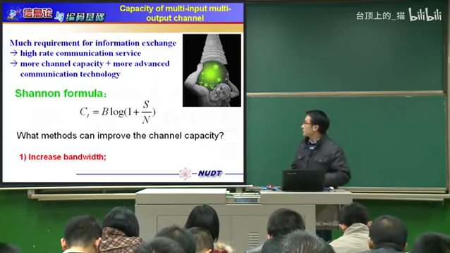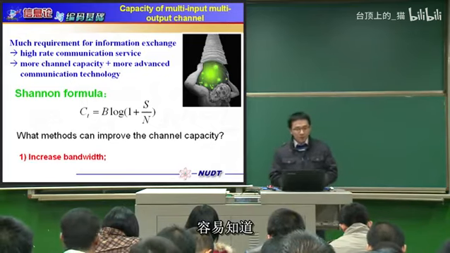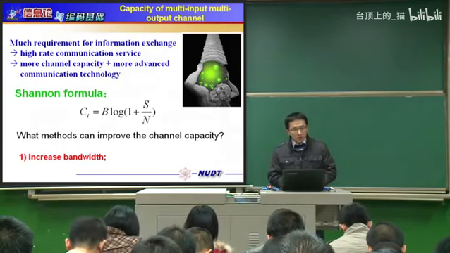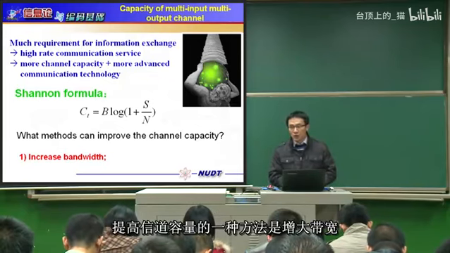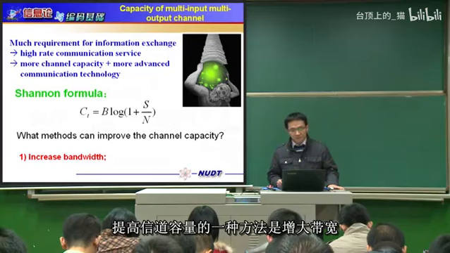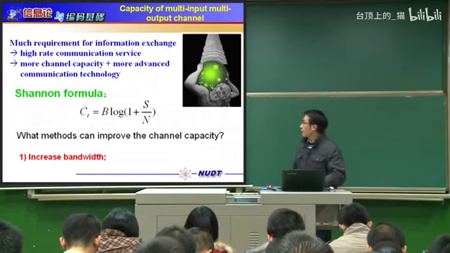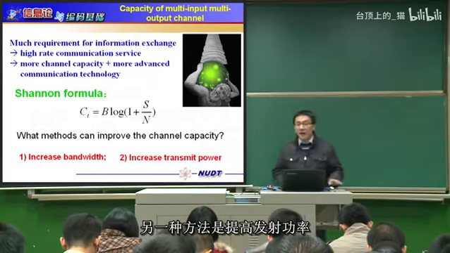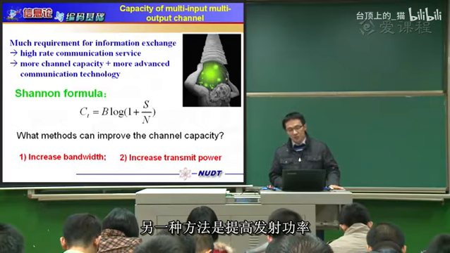It's easy to know. One method to increase channel capacity is increasing bandwidth. Okay? And another method is increasing transmit power.